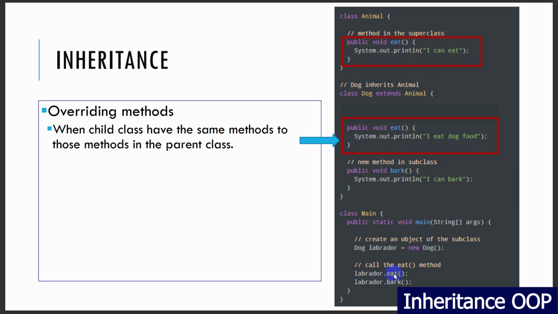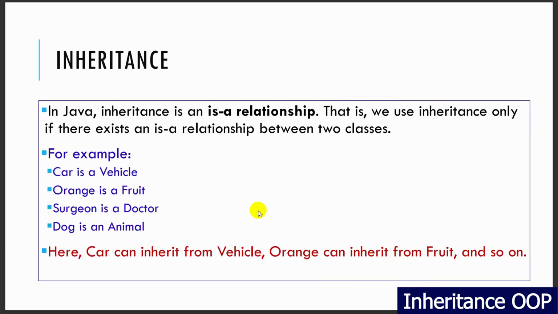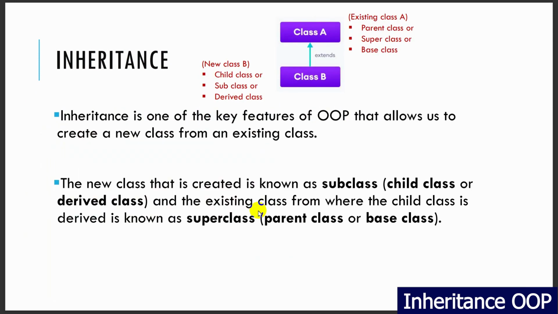When you say eat here, it will refer to the child because the child also has its own, although this one can also be used in the animal parent class, but it's overridden. So when you say the object name dot this method, it will use the child itself because it overrides. Okay? I think we are ready enough for the very basic theory on how inheritance is.